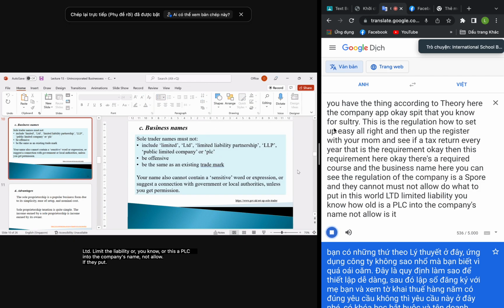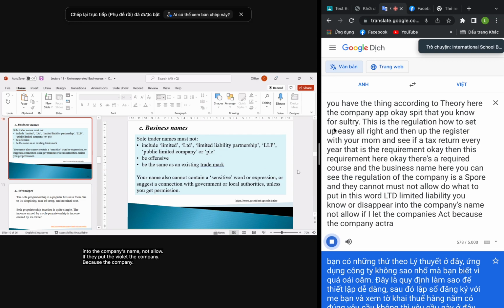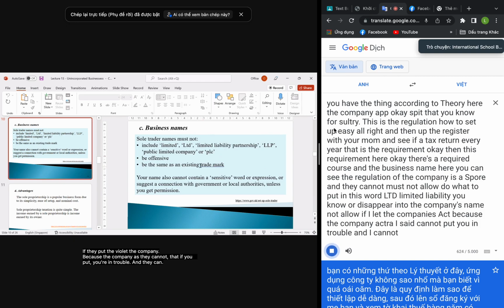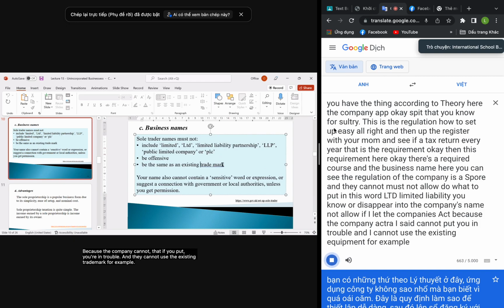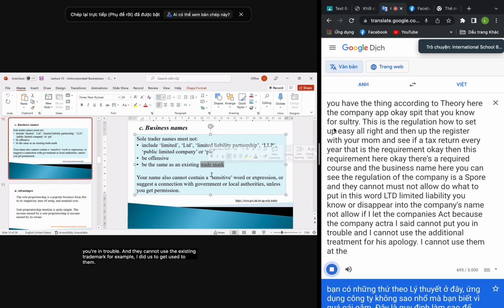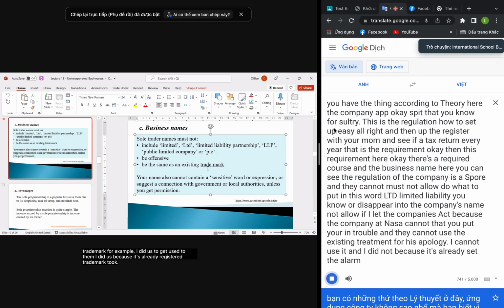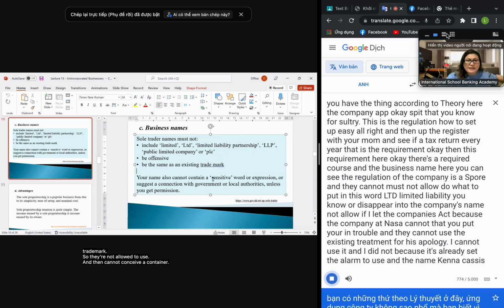If they put it, they violate the Companies Act, and then you're in trouble. They also cannot use an existing trademark. For example, Adidas. They cannot use the name Adidas because it's already a registered trademark. And their name cannot contain sensitive words.